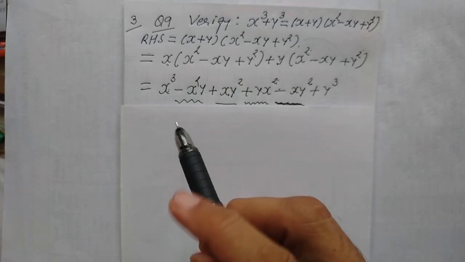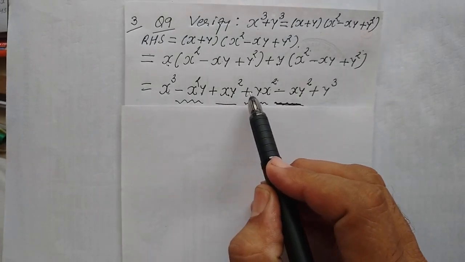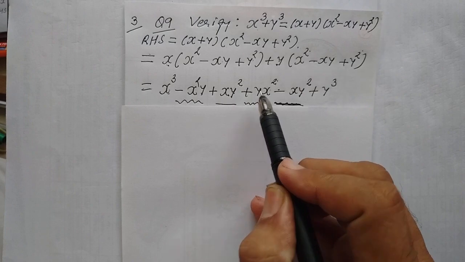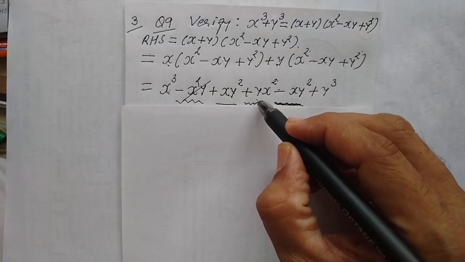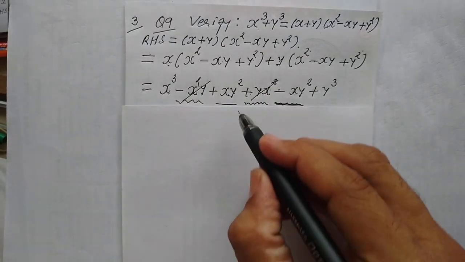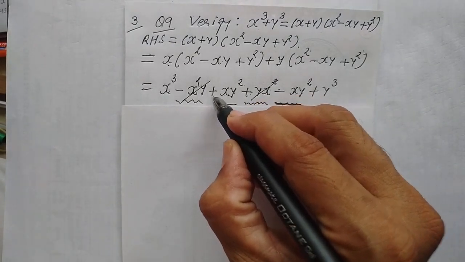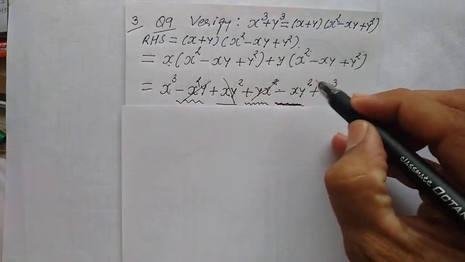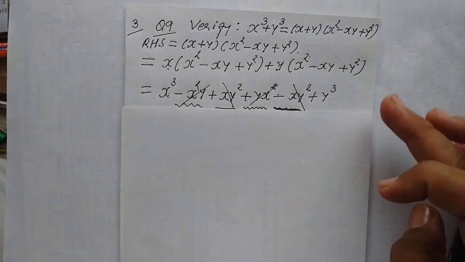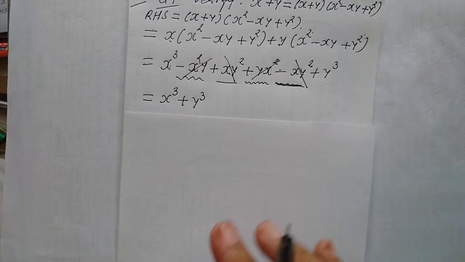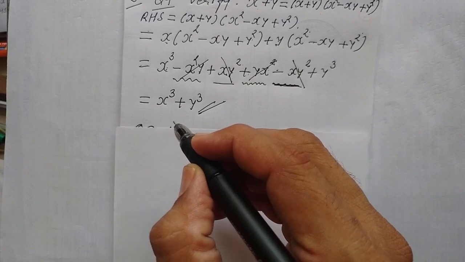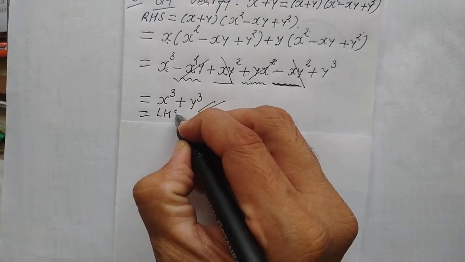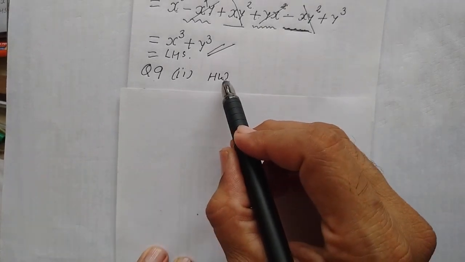Now see children, this and this you can cancel, because they are the same. x square y with plus and minus sign, x y square positive and minus, so you cancel. The left part is x cube plus y cube, children. This is your answer, or you can say this is your LHS. Okay. Ninth sum, homework.